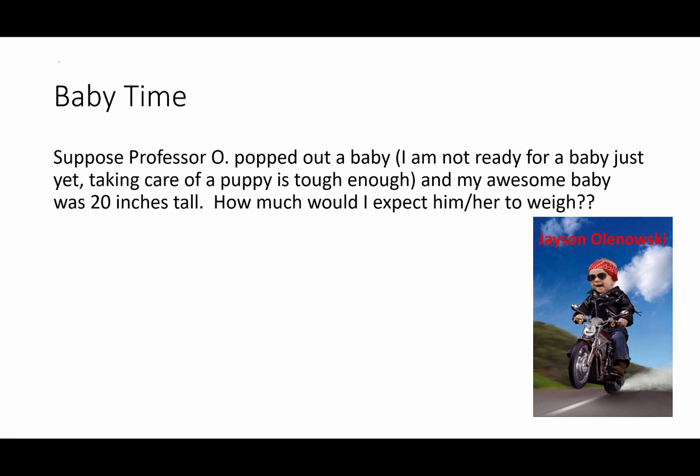So suppose you wanted to use this regression model to predict how much your baby was going to weigh when it comes out of the womb. It turns out that a typical baby is 20 inches tall. Let's do this out. Our intercept was negative 251.74, and then we add the quantity of our slope times the height of our baby.